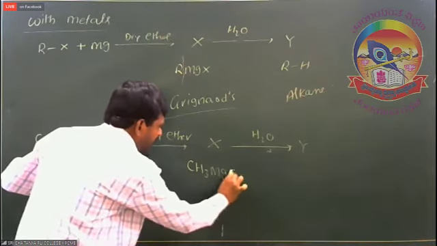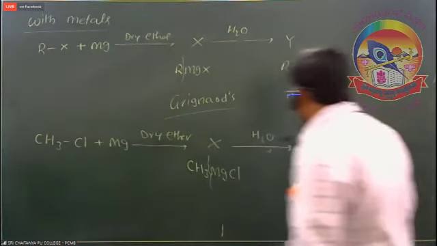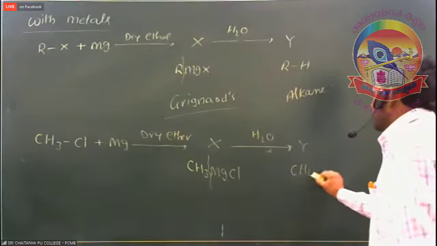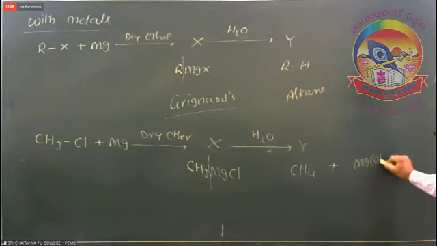CH3MgCl, methyl magnesium chloride. What is Y? The bond is broken here, so Y is methane. The byproduct is magnesium hydroxy chloride, MgOHCl, which is less important. So methane is formed.